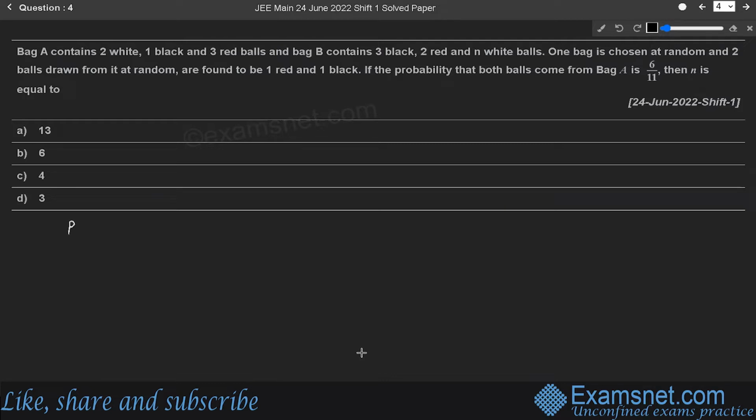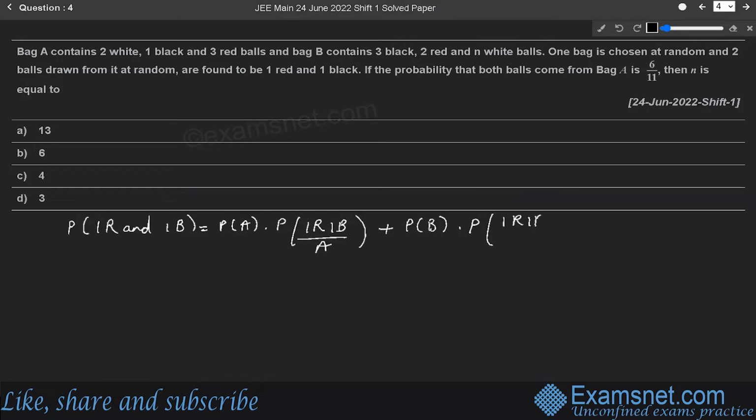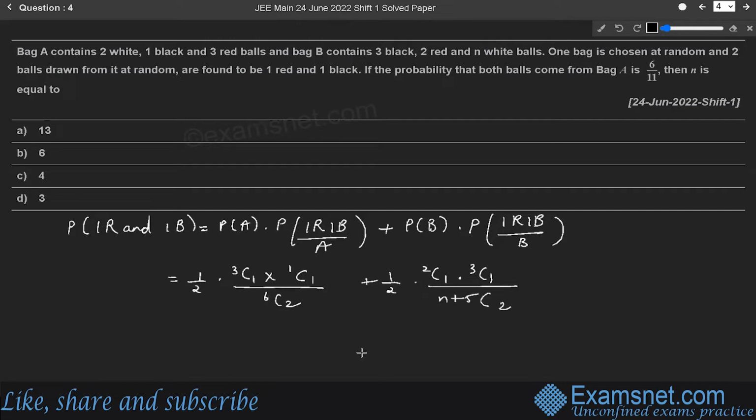Therefore, probability of 1 red and 1 black ball will be equal to P of A into P of 1 red and 1 black upon A plus P of B into P of 1 red and 1 black upon B. So it will be equal to 1 by 2 into 3C1 into 1C1 divided by 6C2 plus 1 by 2 into 2C1 into 3C1 divided by n plus 5 C2.